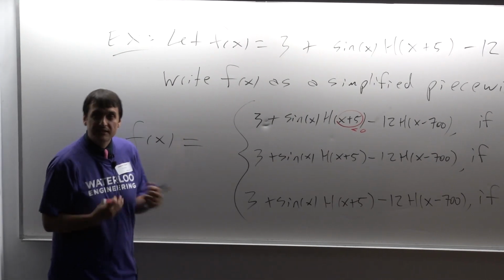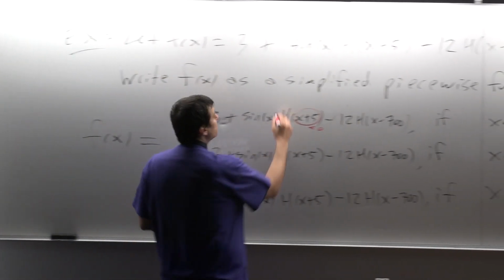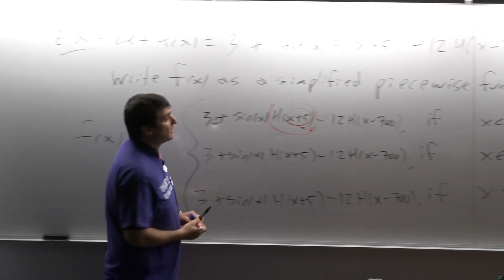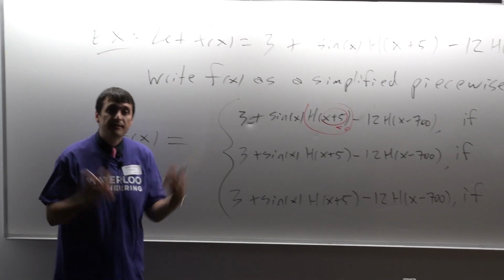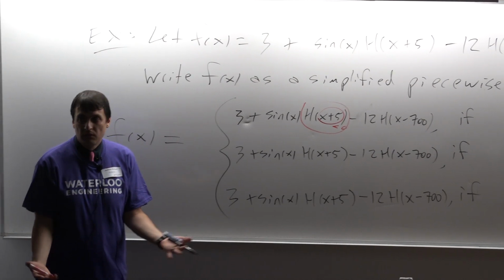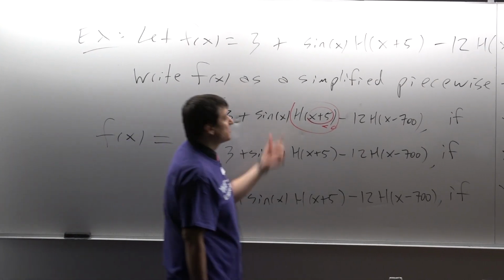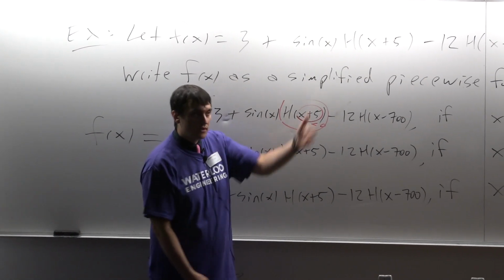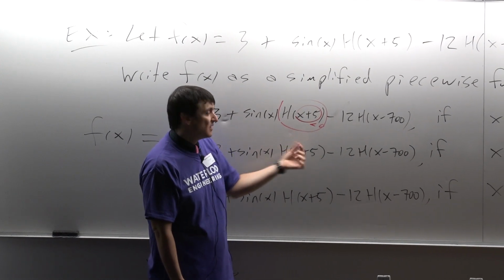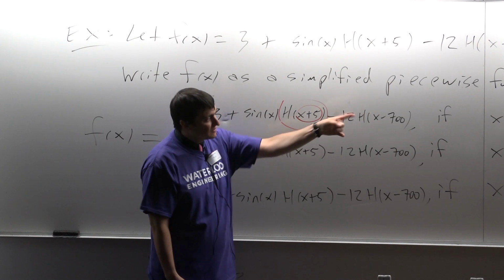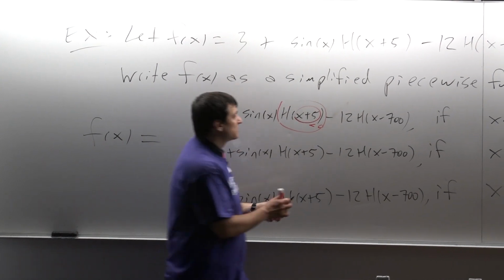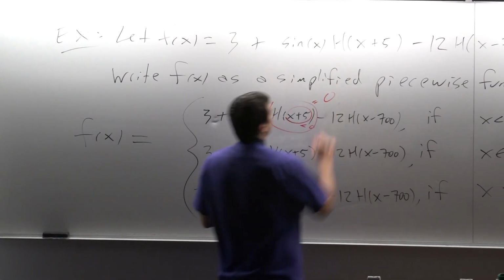I circled the x plus 5. I said that's less than 0, which means when the argument, the input of the Heaviside function, is negative, the output is 0. Again, it's not different from that same h function. H of something is 0 or 1, depending on whether that something is positive or negative. H of this is 0 because this is negative in this region. So we replace this whole thing with 0.